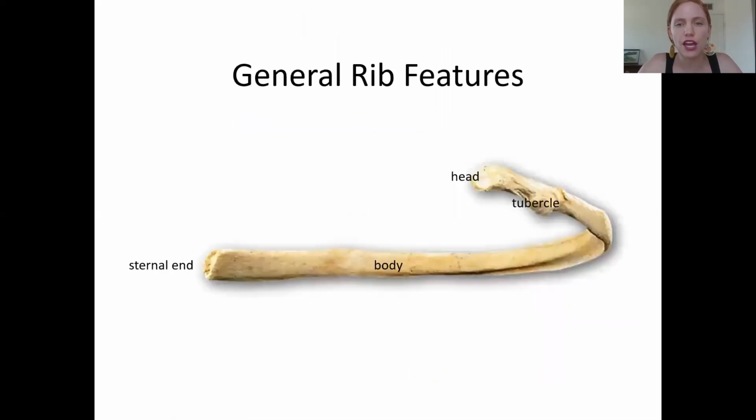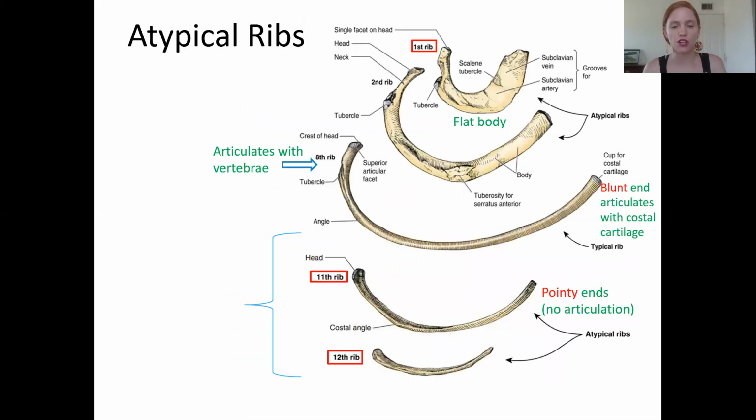Okay, so let's look at how that affects their structure. So typically on a rib, you have a very blunt, kind of square end where it connects to the costal cartilage. Okay, so this is showing you the costal cartilage. It kind of connects like, oh, it's upside down from the other side. It connects like that. So it would have a very blunt square end.